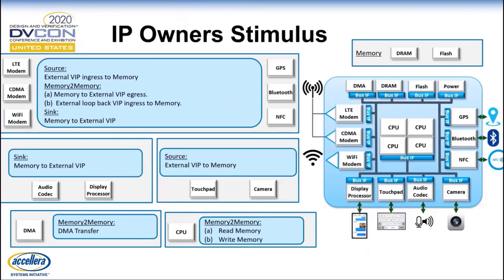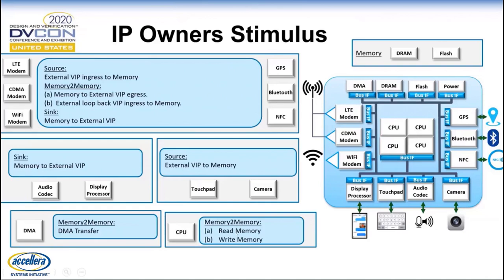So a chain starts from a source. Then it does multiple memory to memory actions, and then it has a sync. And each VIP is either providing sync actions, source actions, or memory-to-memory actions. Here you can see the DMA is taking one piece of memory and transferring to another. The CPU can do the same, can read memory and write memory.